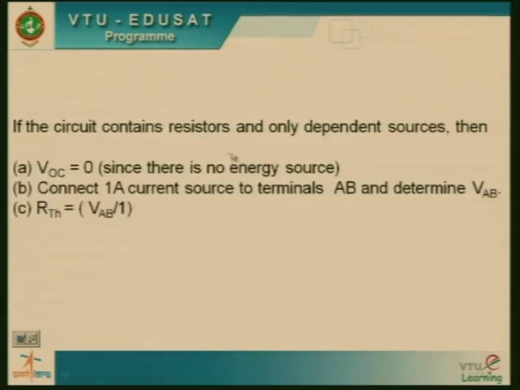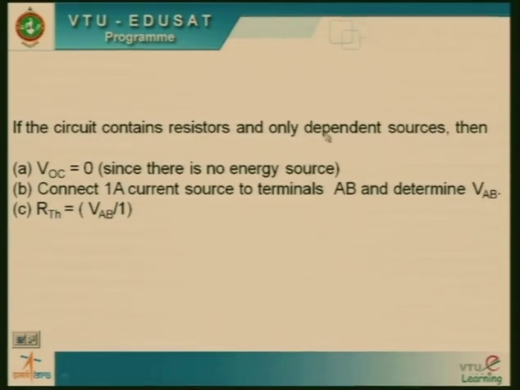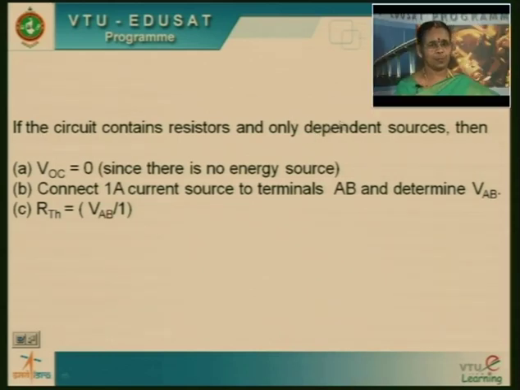Next, if the circuit contains resistors and only dependent sources, we have already discussed the dependent source. A dependent source depends on the voltage or current in some part of the circuit. And if the independent source is absent, then such a circuit is called a passive circuit.